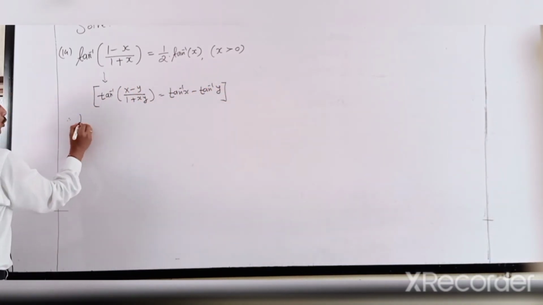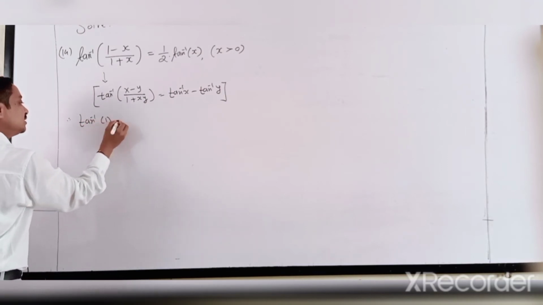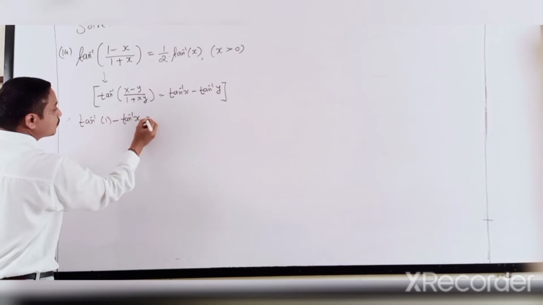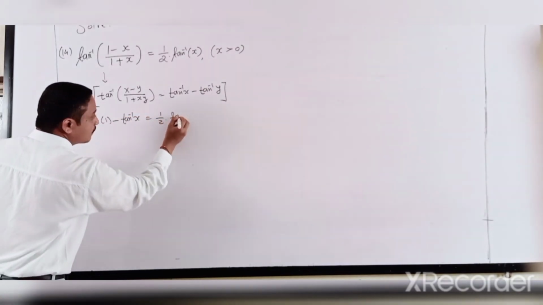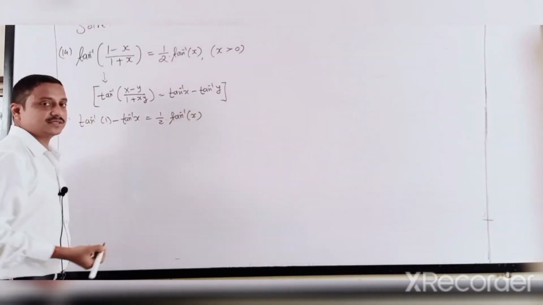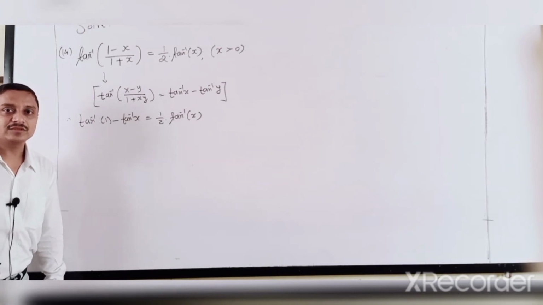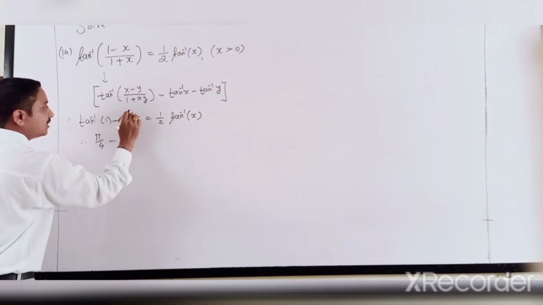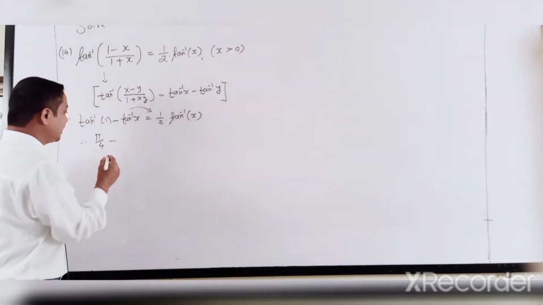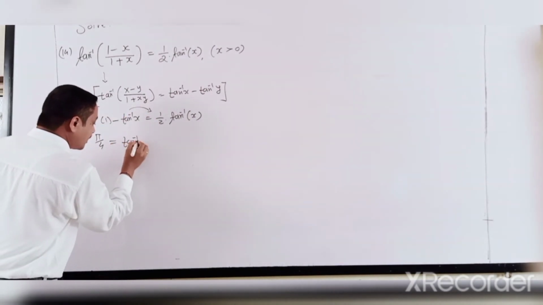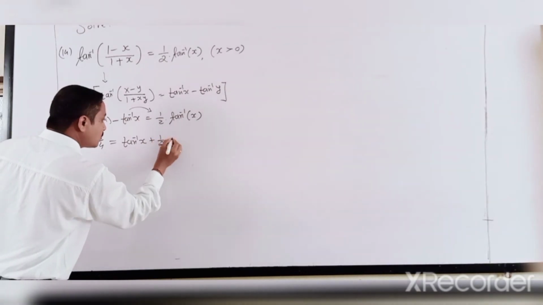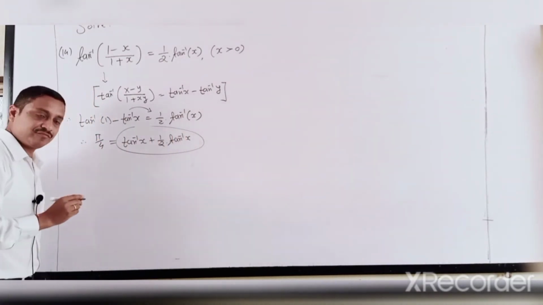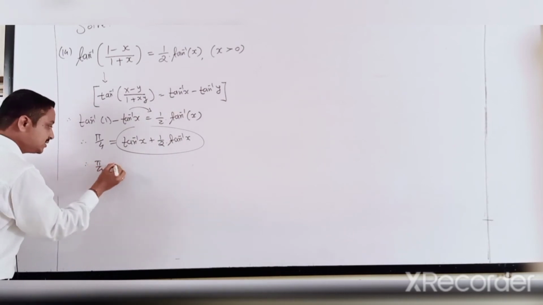So you get tan inverse 1 minus tan inverse x. And here definitely I just show the same as before. Now tan inverse 1 is 45 degree, and this term convert from left to right side: tan inverse x plus half tan inverse x. How much? 1 plus half. Students, it is 3 by 2.